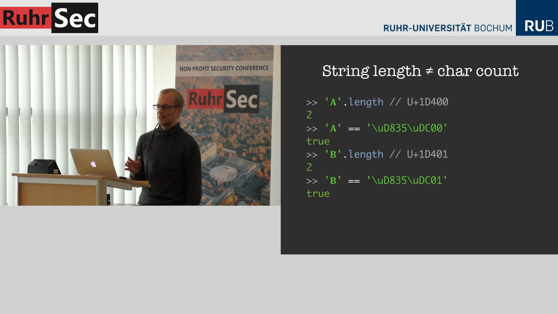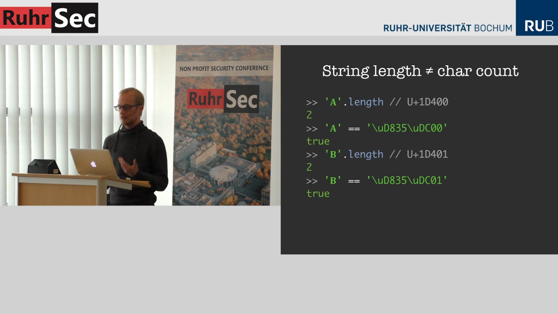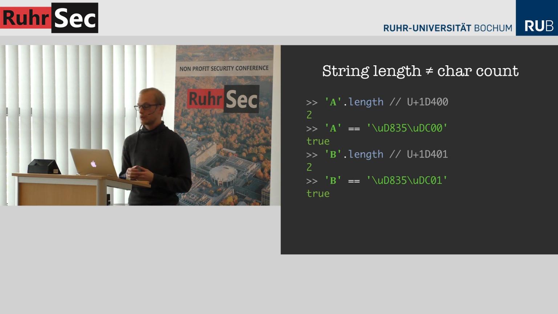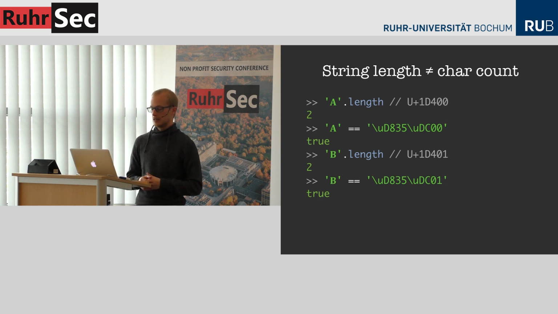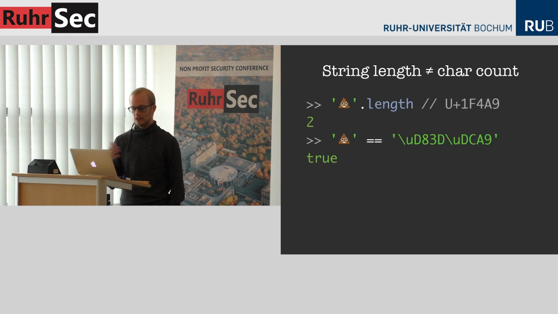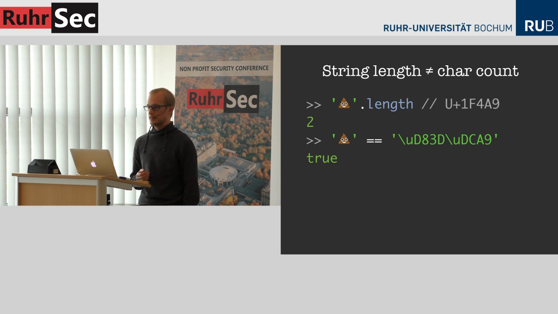So to us as human beings, that is really confusing because we generally think in terms of Unicode symbols or even visual graphemes. And JavaScript now kind of forces us to deal with these surrogate pairs, which is really an encoding detail. Now, similarly, if you try the string with the pile of poo in it, you get its length, the result is 2 instead of 1.